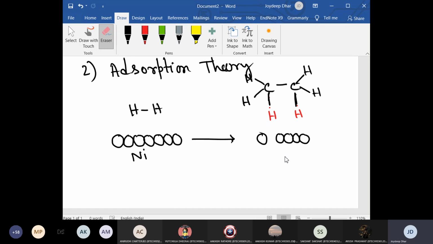Okay, so you see, first it was ethylene, then it has converted into ethane, and this will be supported by the nickel surface.